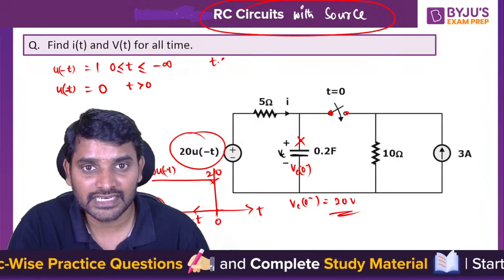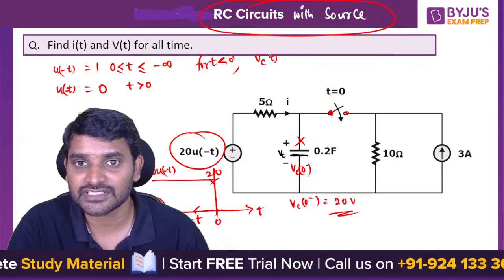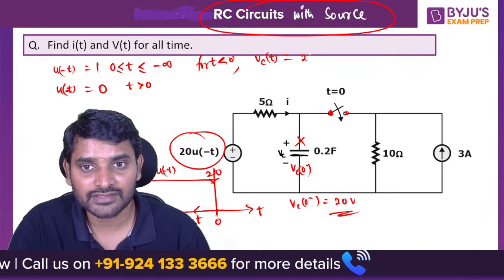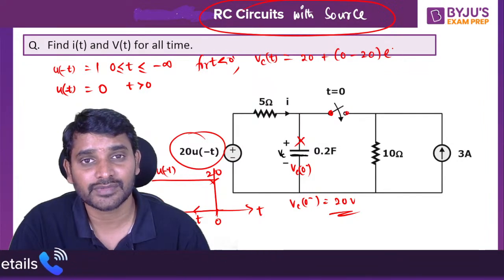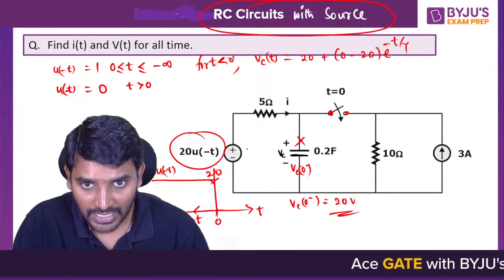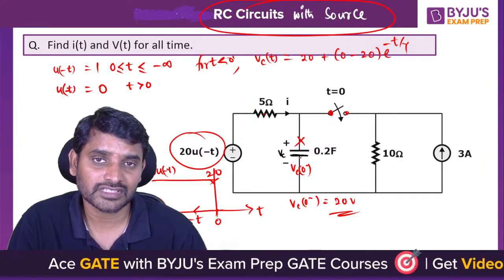So for t less than 0, the voltage expression will be: final value is 20, initial value is 0. So 20 plus (0 minus 20) into e power minus t by tau. What is the tau? As it is charging, the charging time constant is resistor into capacitor.